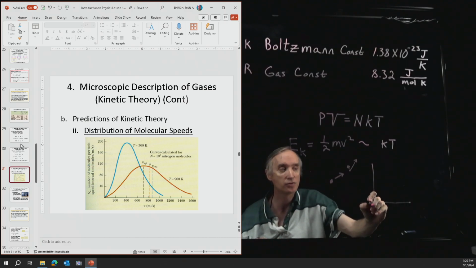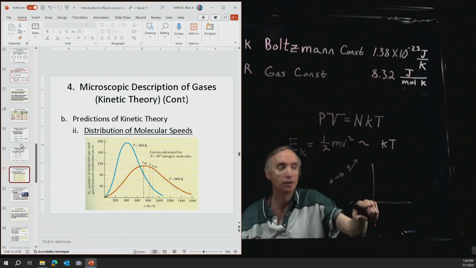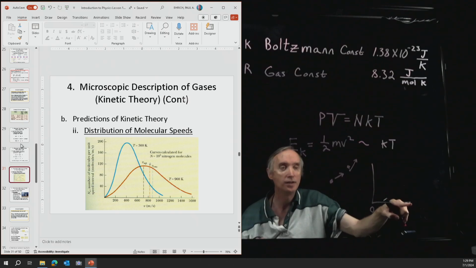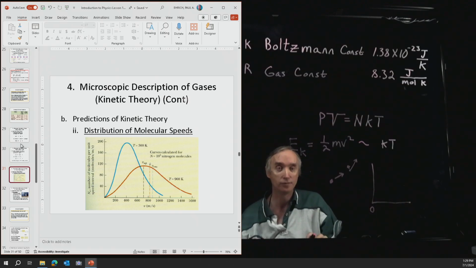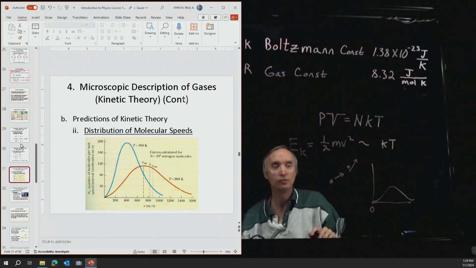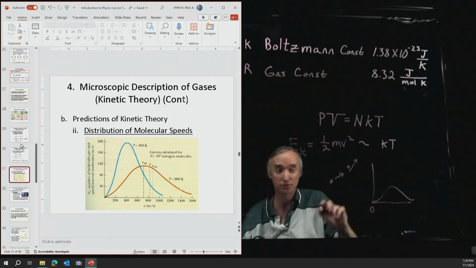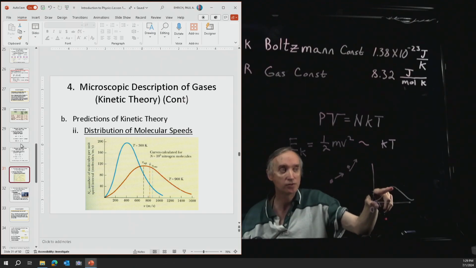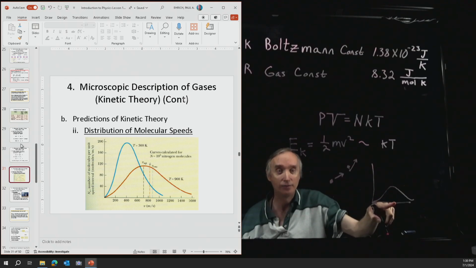So here you've got the slow ones over here. These are slow molecules that have very small speeds. And then over here are the ones that have a lot of speed. And notice it makes a curve that does something like that. So for this particular temperature, there's going to be a certain number of the molecules that have the average speed.